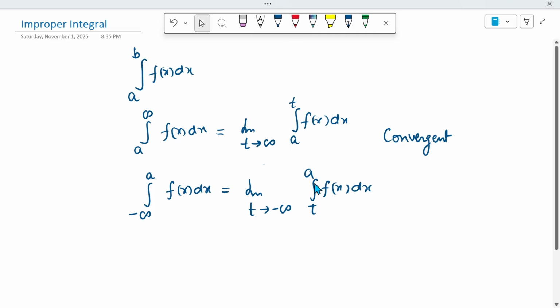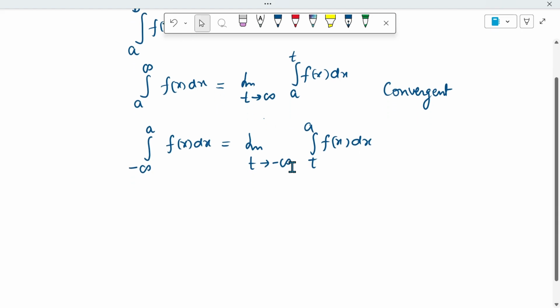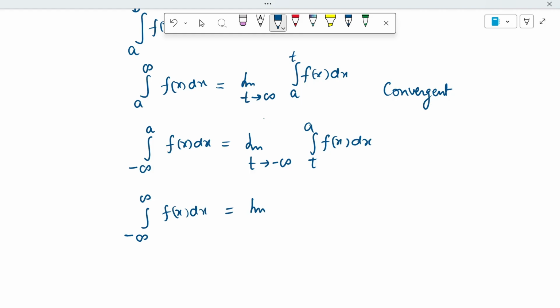The other case is where both the limits, upper and lower, are from minus infinity to infinity f(x) dx. Then we will write this way: limit t tends to minus infinity, and we will take a point in the domain of f(x).